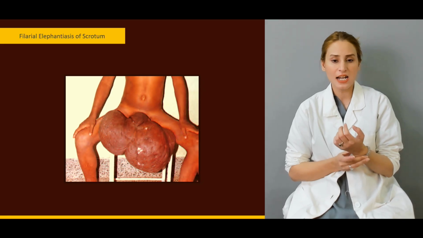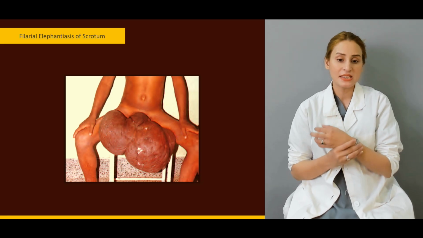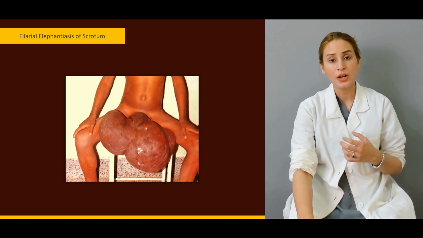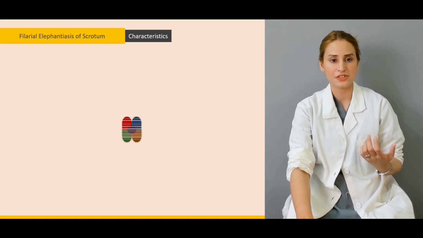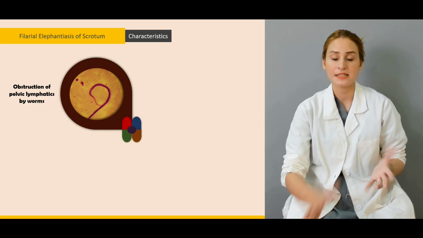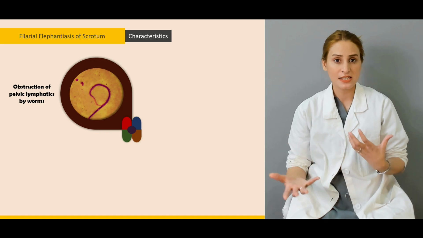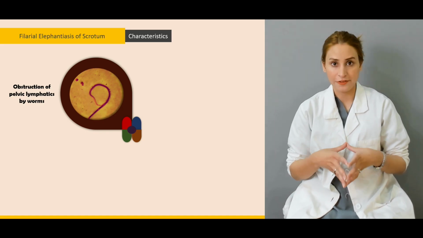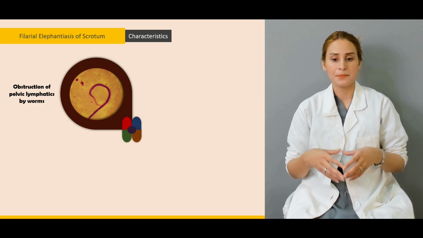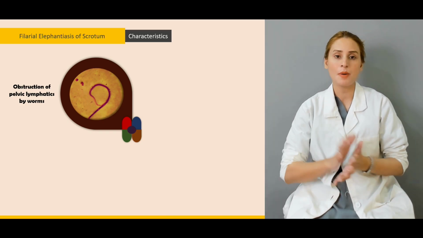You can see here in the diagram, it's involving the scrotal skin, which hangs deep down, extending almost to the mid thigh, and this is a very bad disfigurement as well. If we talk about the characteristics of filariasis, Wuchereria bancrofti is a kind of worm, and what it does is obstruct the pelvic lymphatics, and whenever the pelvic lymphatics are obstructed, there's obstruction to the lymph flow, and it goes on occupying the space.